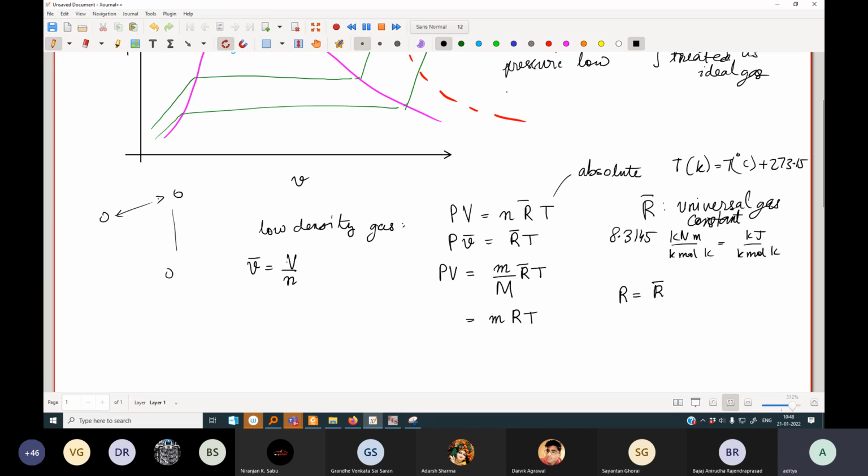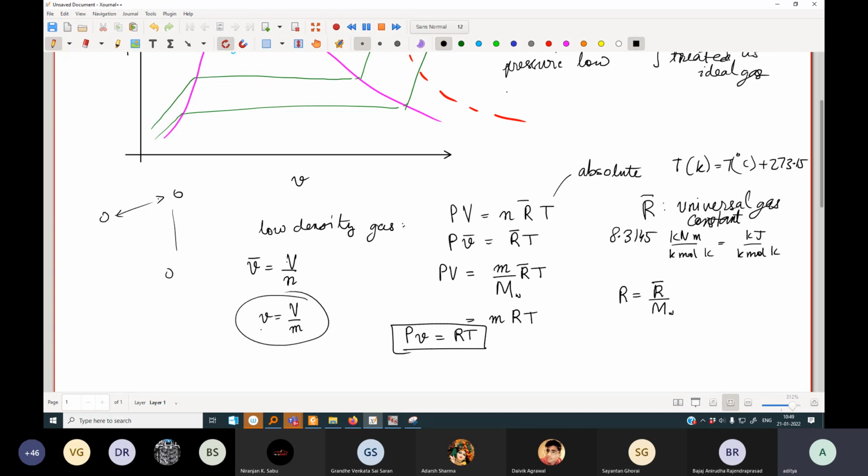So it is the universal gas constant over the molecular weight of the gas. So this is gas specific. Then we can write PV is equal to RT, where V is now the specific volume.